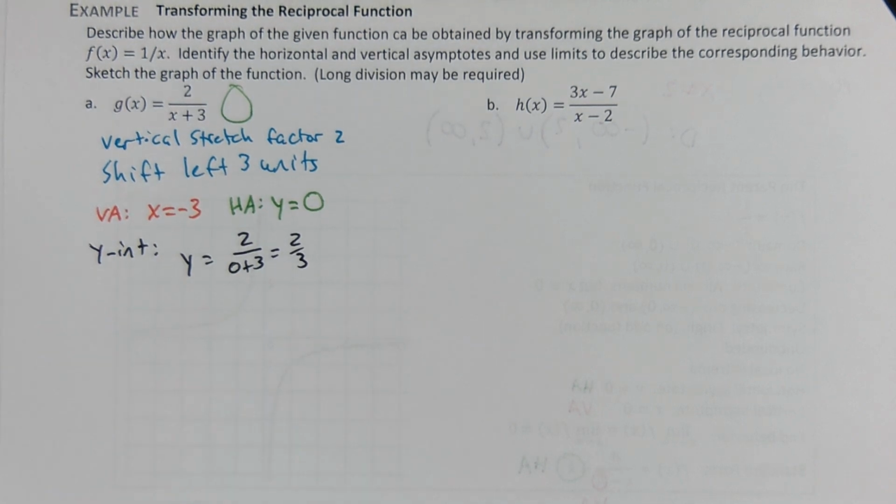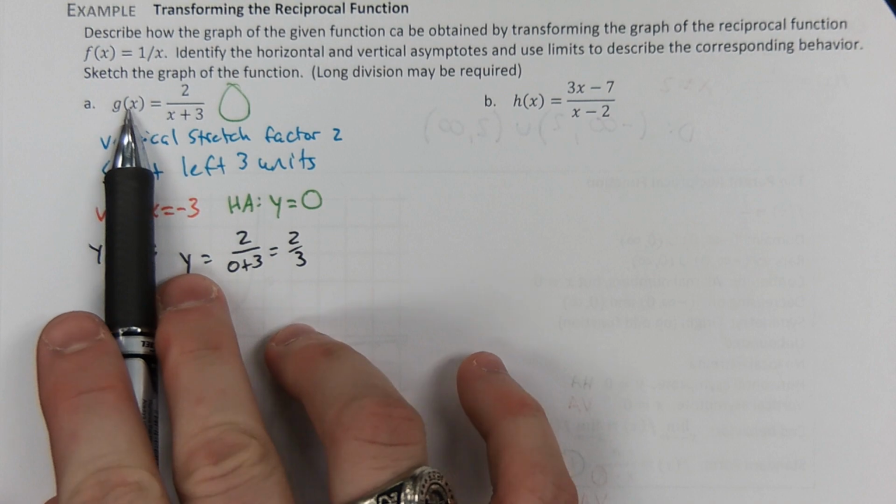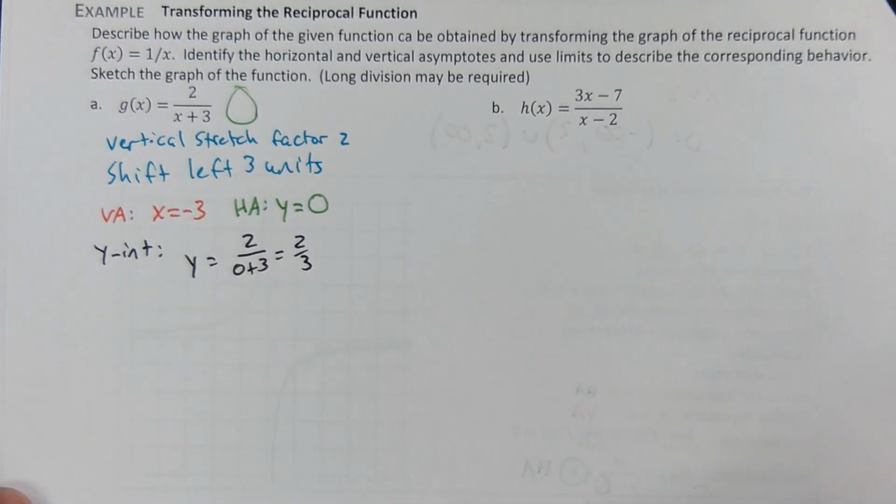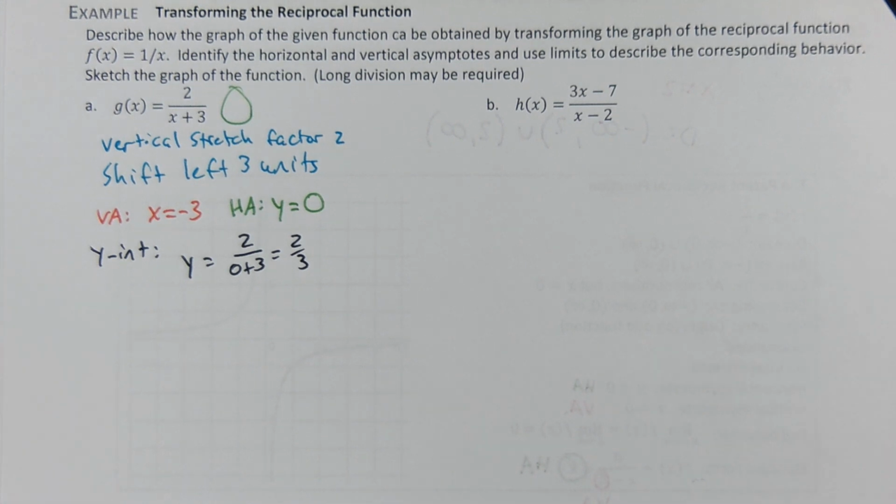So x-intercept then. If you're on the x-axis, what is always true? Y would be 0. So if you're saying y is 0, you're saying this fraction equals 0. What is the only way a fraction can equal 0? You're not allowed to have the denominator 0. Remember, if the bottom is 0, you have a vertical asymptote.